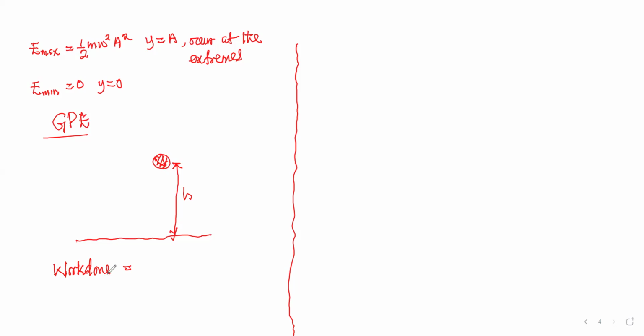The work done in moving an object from one point to another point within the gravitational field of the earth is what we are calling potential energy. So how do we calculate it? Every work done is force times distance.